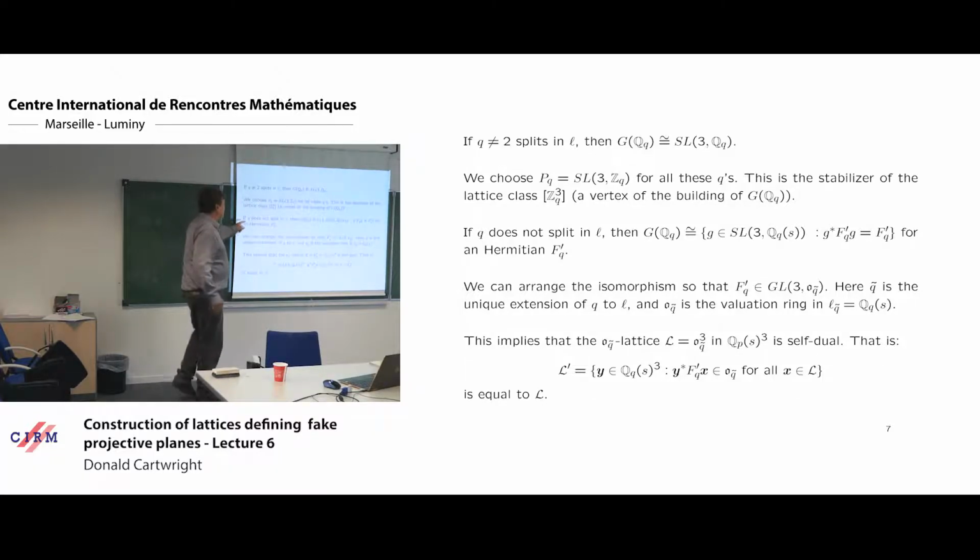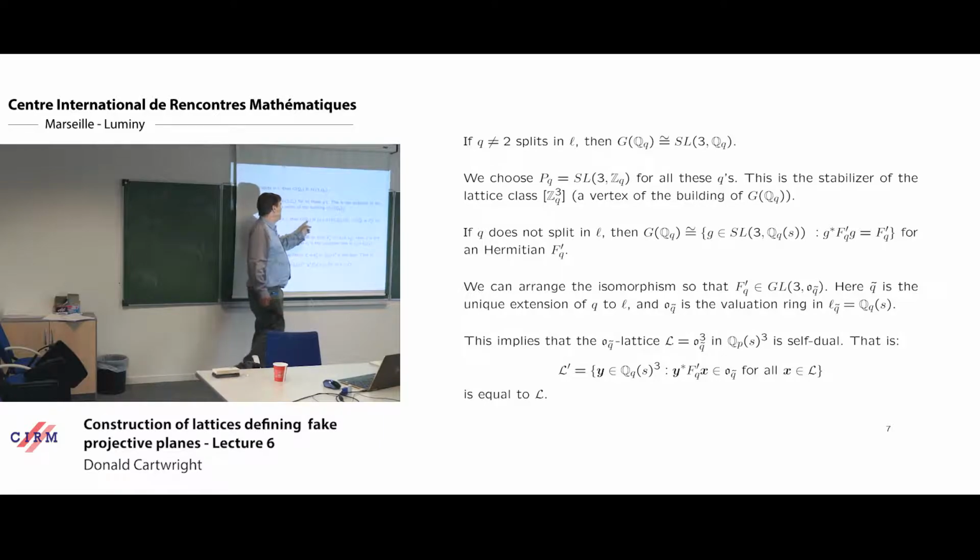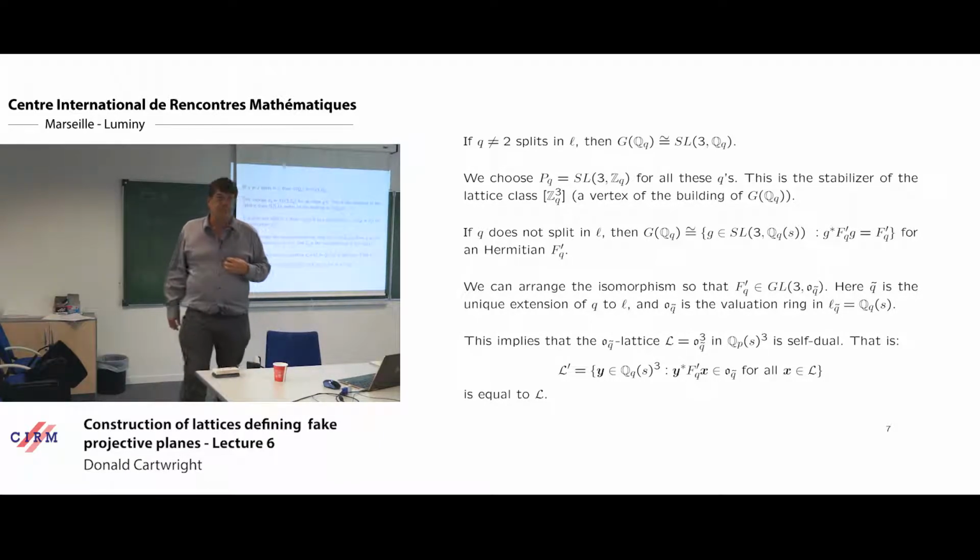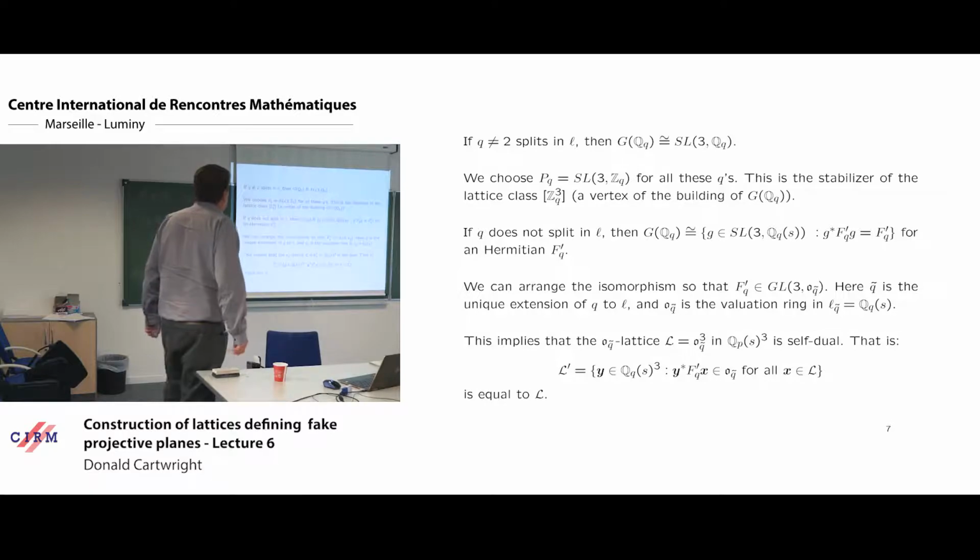Now, when Q doesn't split, you get different behavior. The algebraic group at these points is now actually a unitary group still. So you get a form which depends on Q. I've called it F_Q prime.